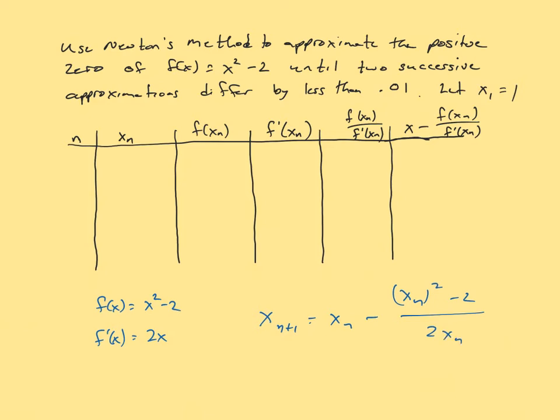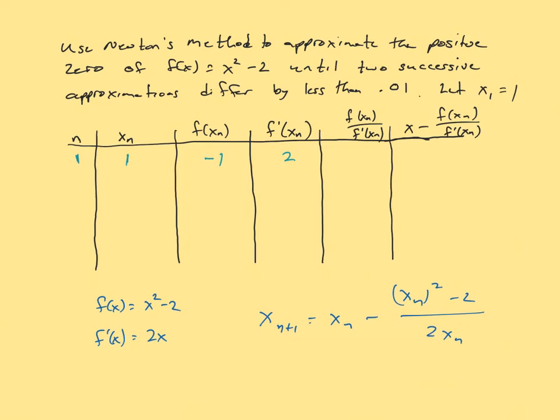So there's our iteration rule. On this particular problem, they told us our first guess, when n is 1, x1 is 1. If I plug 1 into my function, 1 squared minus 2 is negative 1. And if I plug it into the derivative, I get 2.